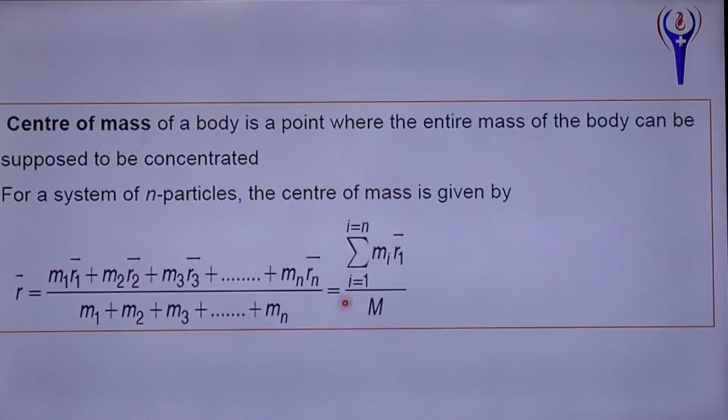This can be simplified and written as summation i equal to 1 to n, Mi Ri vector divided by M. Here capital M is the total mass. Note down this formula. This is the center of mass. Noted?